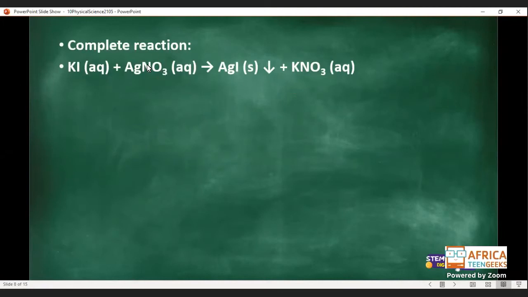So all nitrates are dissolvable. It is a rule. Don't worry, I will give it to you. All nitrates are dissolvable. All things that bond with silver are precipitates.